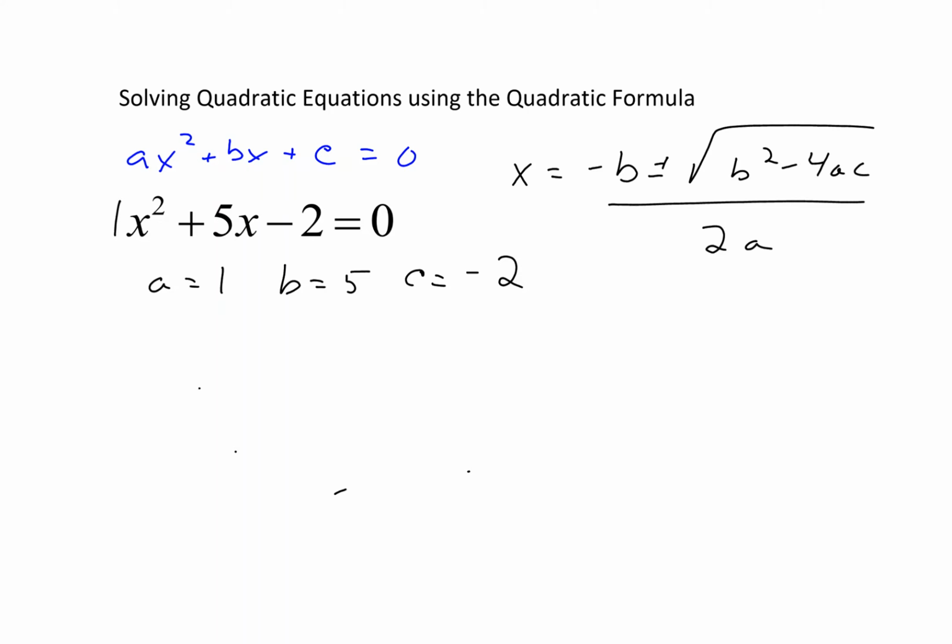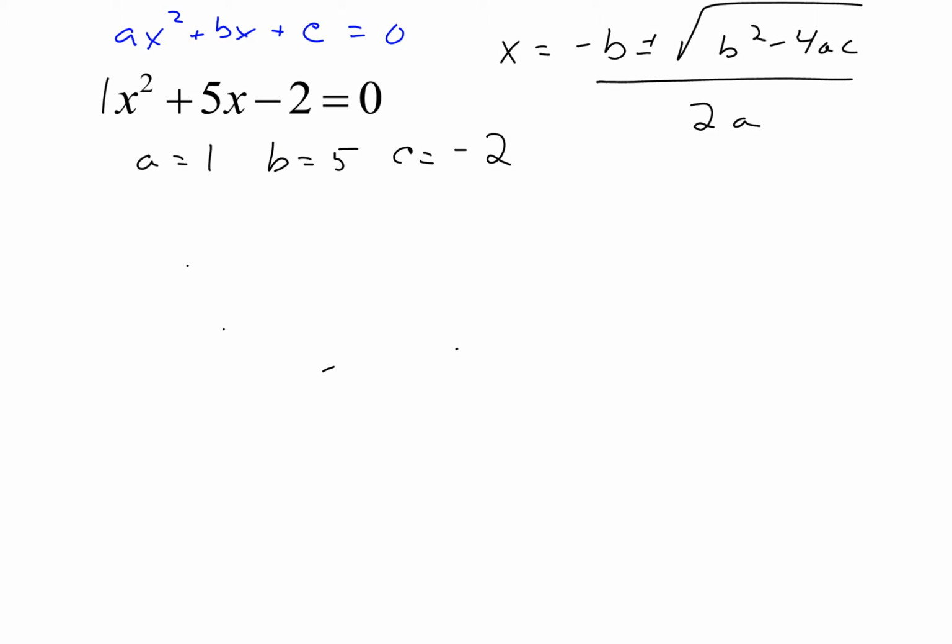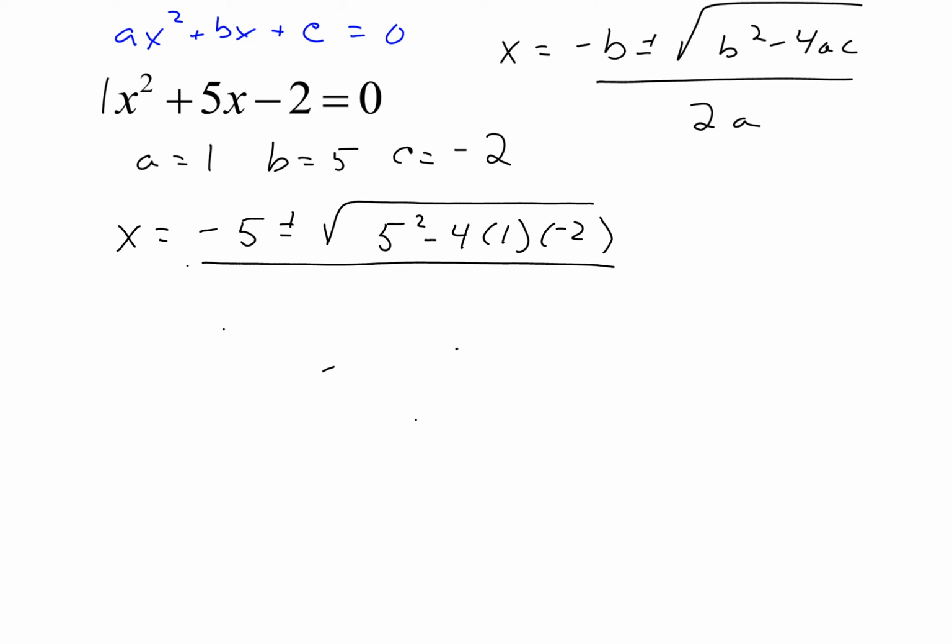So let's put all those numbers in the formula. So x equals -5 plus or minus the square root of 5 squared minus 4 times 1 times -2 all over 2 times 1. Now let's just go ahead and do the arithmetic. So x is going to equal -5 plus or minus the square root of 25 minus, 4 times 1 times -2 is -8.